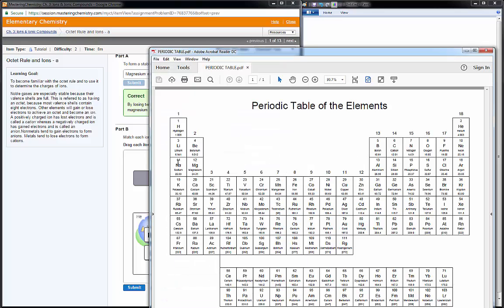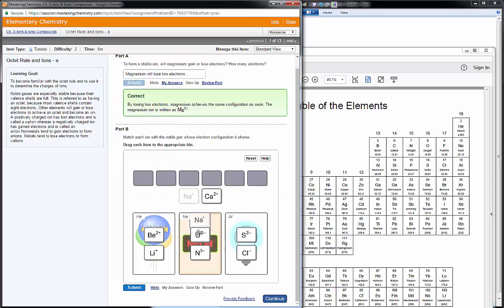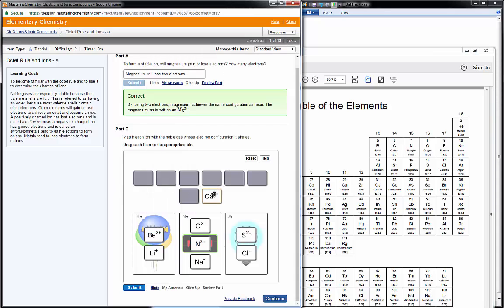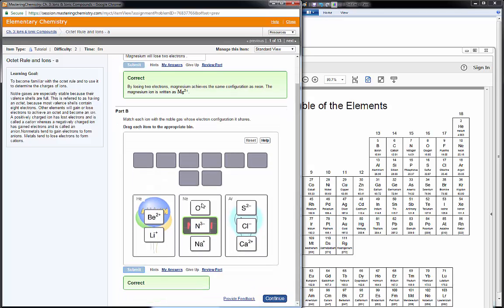Sodium 1+: sodium has 11, so if it loses 1 to form a charge of +1, it will have 10, just like neon. And calcium 2+: calcium has 20, so if I lose 2 electrons in order to get a positive 2 charge, then I will have 18 and be just like argon. For atoms or elements that have the same number of electrons, they have the same electronic configuration.